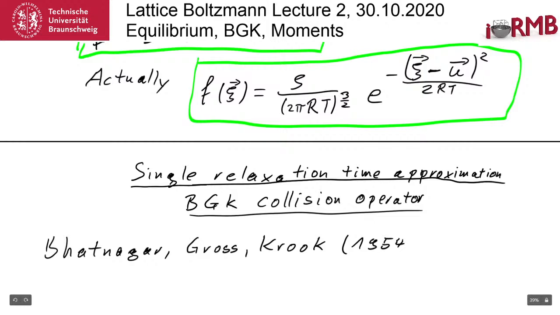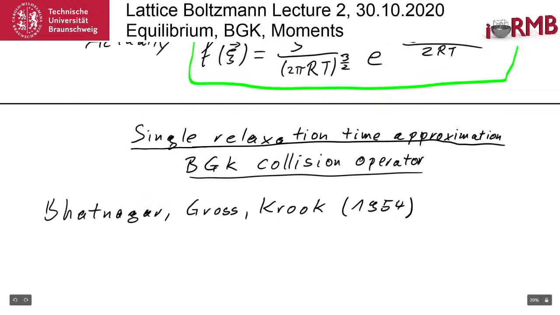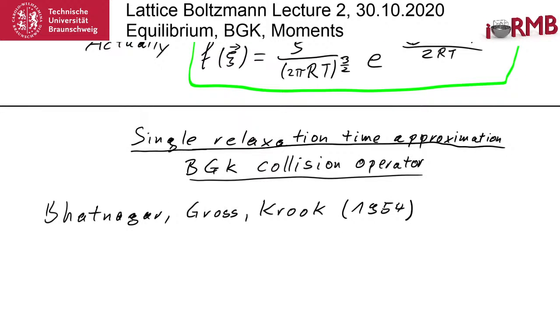Okay, I think that the South African was Krook, yeah, and the American was Gross, but I don't remember. So 1954. So they tackled this problem that this Boltzmann integral that we have is difficult to solve in general. Boltzmann collision.